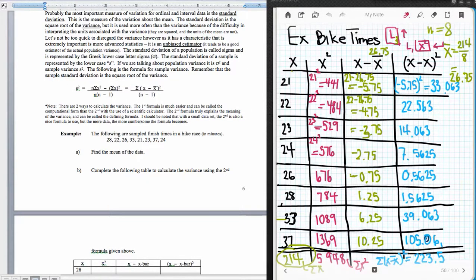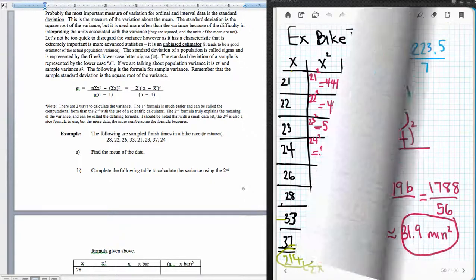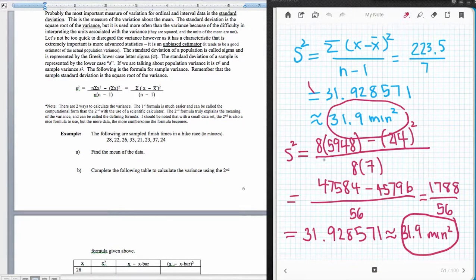This whole table, even with a calculator, is still quite a bit of work, or just entering your data points and then letting one variable statistics tell you the sum of the x squareds and the sum of the x's, which you'll square, multiplication here, squaring here, difference here, product in the denominator, quotient to find your answer. Much easier, huh? And so that is how to see the difference between defining and computational.